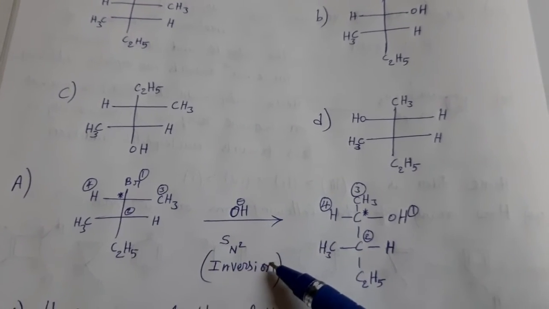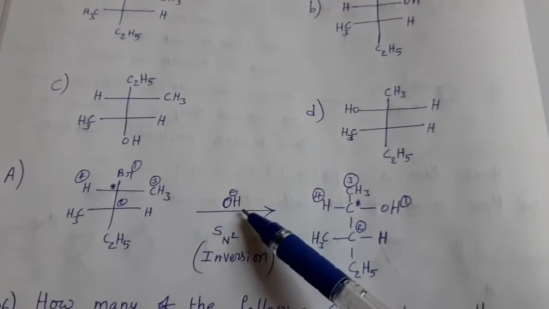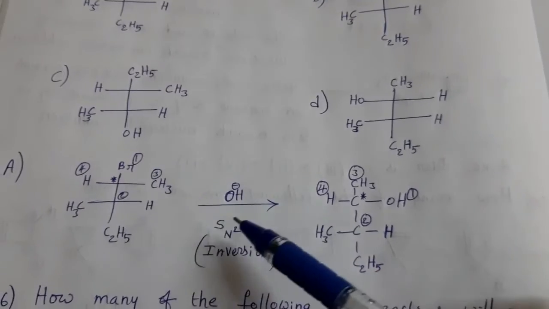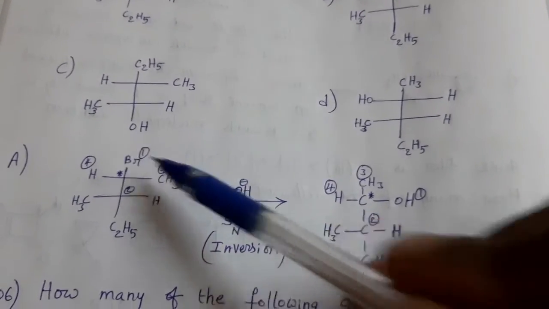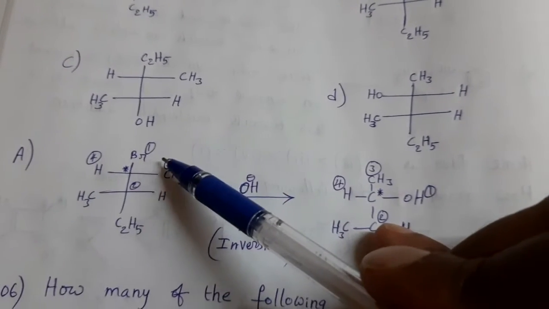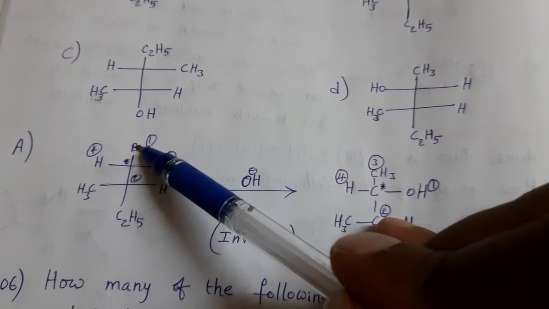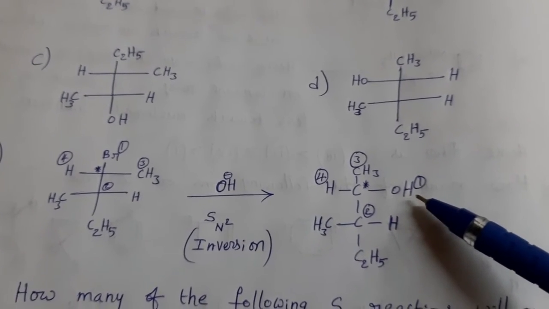So in SN2 we know the product alcohols are formed. Bromine is replaced by OH. But due to this SN2 reaction, the product undergoes inversion. That means OH is attached here and then rearrangement takes place, then we can get this one.